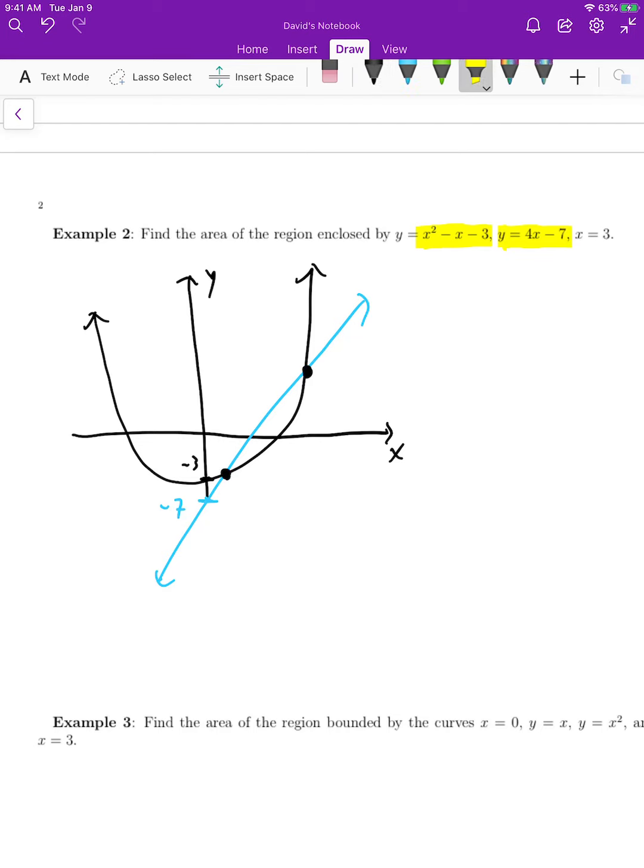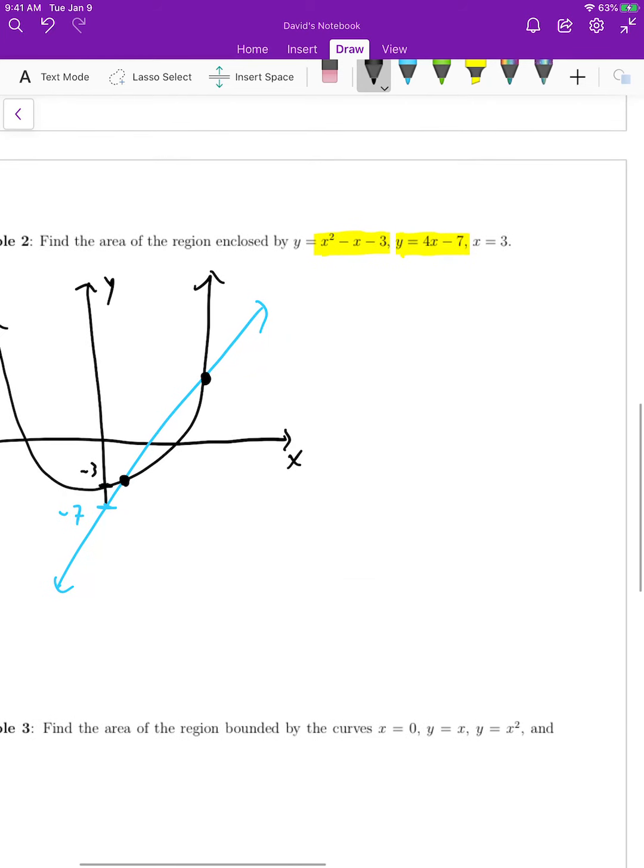Before we process this x equals 3, let's think about just what's enclosed by these two curves first. So again, we have to set these curves equal to each other and see what we get. So x squared minus x minus 3 is 4x minus 7. So let's rearrange this. We have x squared minus 5x plus 4.